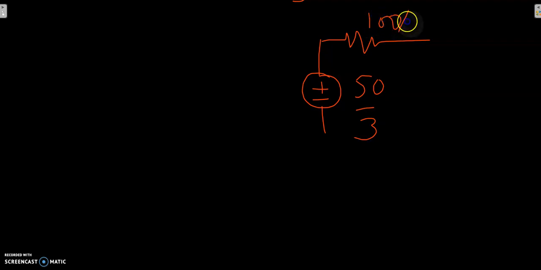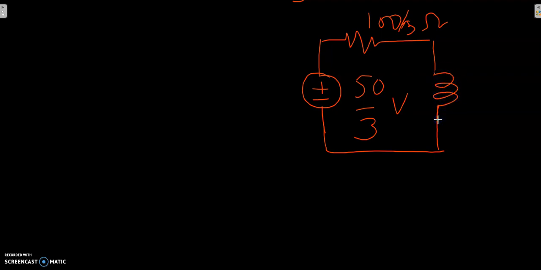So let me redraw the Thevenin equivalent circuit. So this was 50 by 3 volts, and this is 100 by 3 ohms, and this is, sorry, this is not a resistor, this is the inductor.